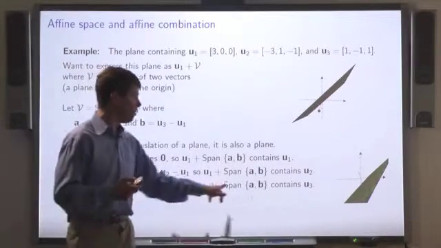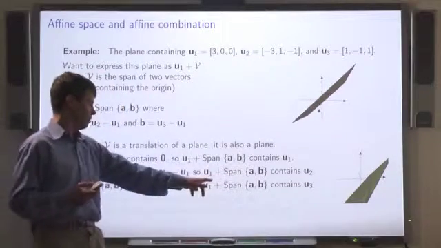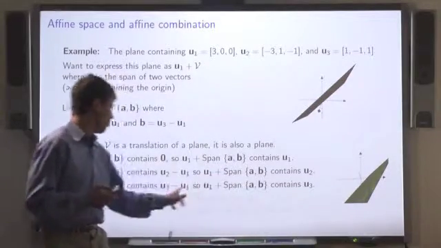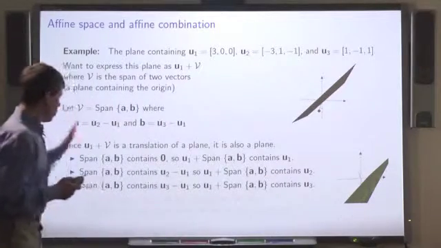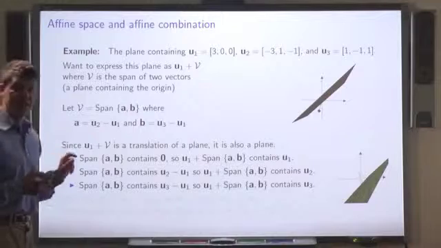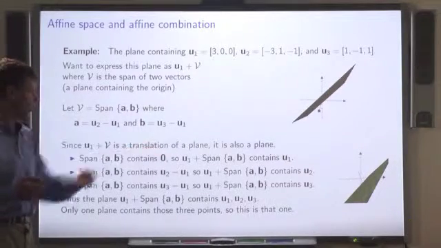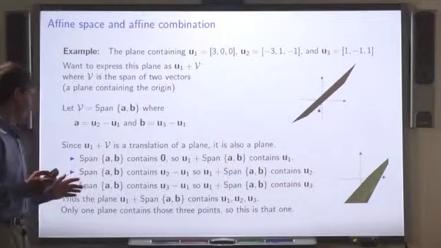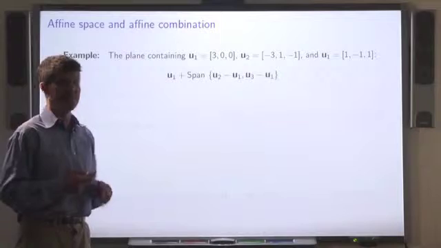So u1 plus the span of AB contains u1 plus u3 minus u1, which is u3. So u1 plus big V contains u1, u2, and u3. And it's a plane. There's only one plane containing those 3 points, so this is it.